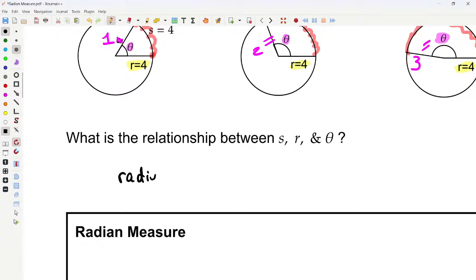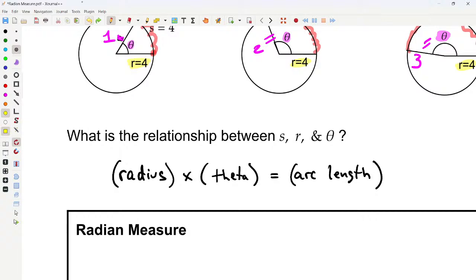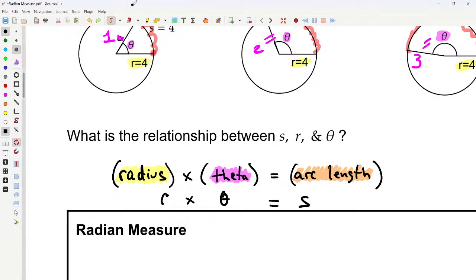Radius times theta equals arc length. In other words, r times theta equals s.